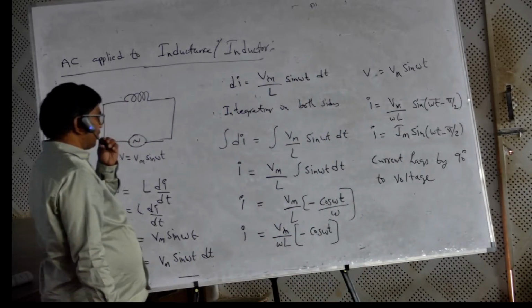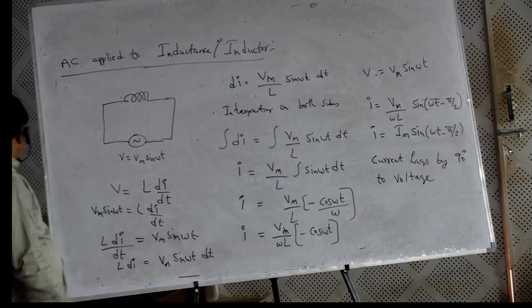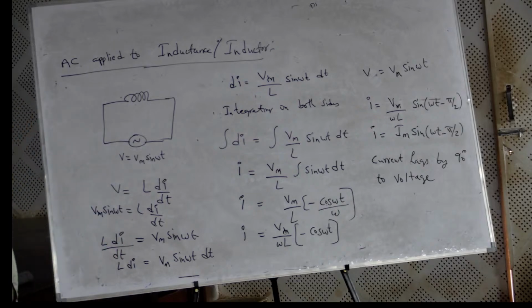So in the inductive circuit, whenever an inductor is connected to an AC circuit, how are the waveforms of voltage and current? The voltage waveform moves fast, the current waveform moves slowly, by 90 degrees.